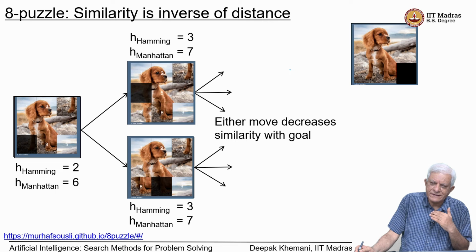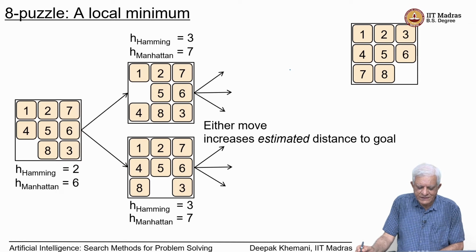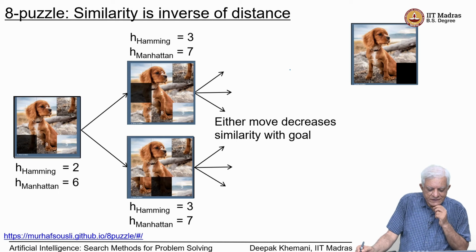What I want to emphasize here is the fact that when we look at these things, we are now thinking in terms of similarity instead of distance essentially. So, eventually the state which is closest to the goal state is what we are seeking. This is the same example that we saw in the last slide, except that instead of numbers we have this picture of this dog here.